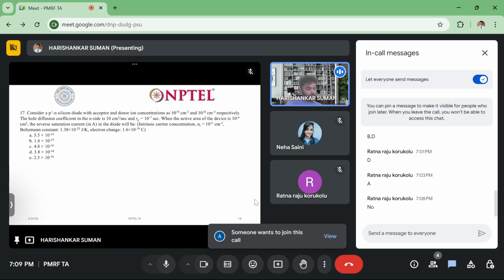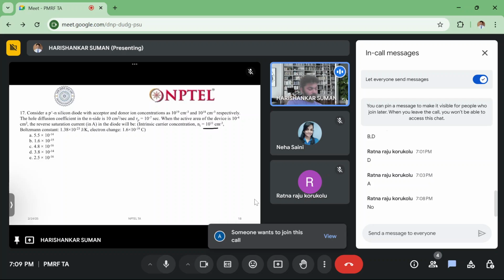The hole diffusion coefficient in the n-side is 10 square centimeter per second and the lifetime of holes is 10 to the power minus 7 second. When the active area of the device is 10 to the power minus 4 square centimeter, the reverse saturation current in ampere of the diode will be.